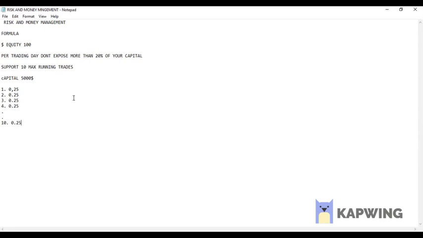If you calculate all of these 0.25, 0.25 times 10 trades, you can see the lot size that you are using. I've actually used 2.5. That is actually 2.50 lots. It's like someone who just took one trade of 2.50 lot size.